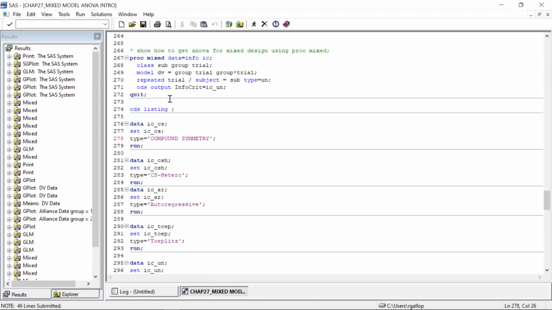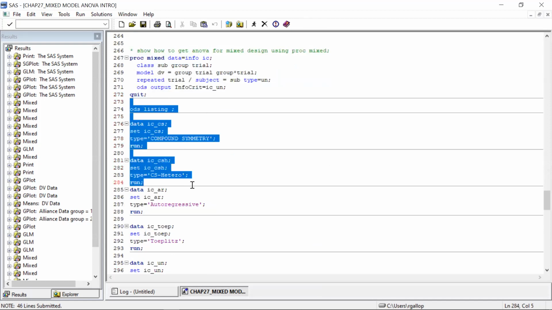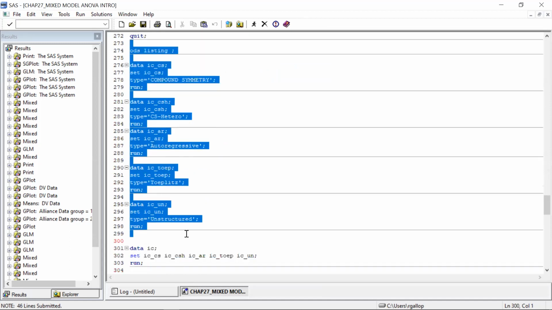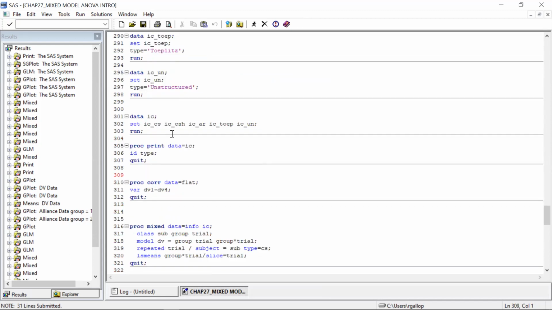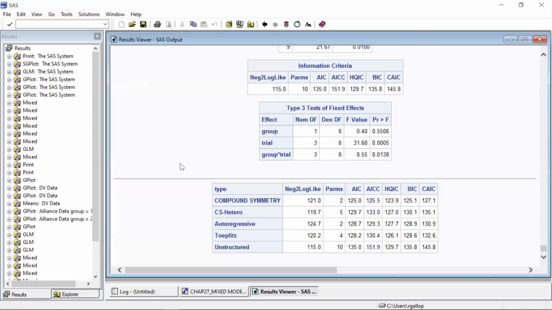So here I'm creating another data set where I put all the information together. I could print this out now. With this printed out, I have the -2 restricted log likelihood right here. I have the number of parameters and any of the other variations you want. Then I could use this to decide which is best.